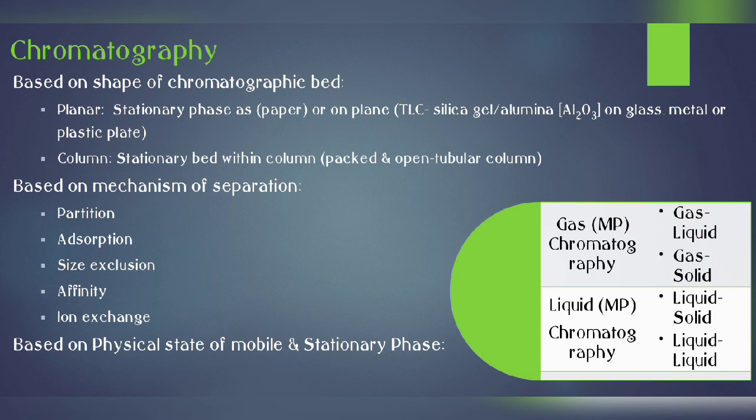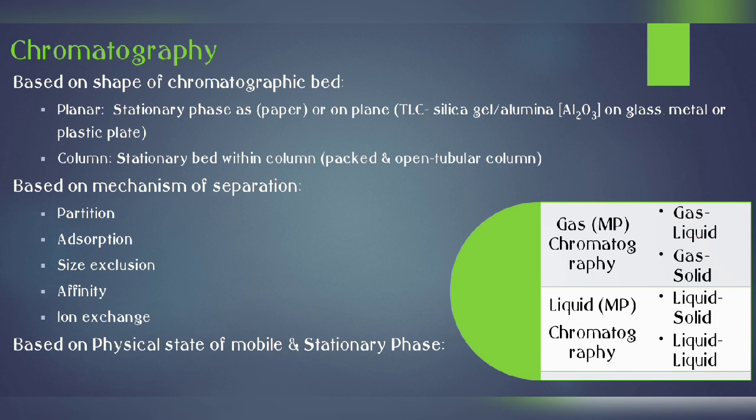Then, based on the mechanism of separation, there are different types of chromatography: partition, adsorption, size exclusion, affinity, ion exchange. And then, based on the physical state of the mobile and stationary phase, there are different types of chromatography. The SmartArt picture on the side represents that classification.